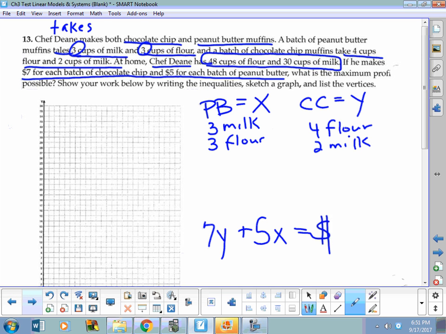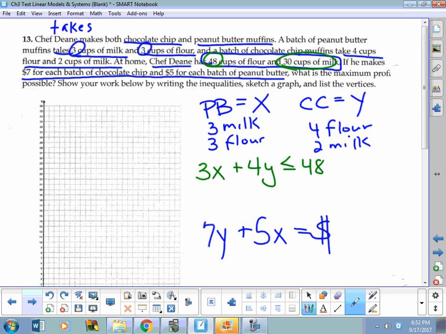So how are we going to handle this milk and flour thing? Well, one thing we haven't put into an equation yet is this part here, right? So let's get to it. Cups of flour. 3 cups of flour for every X, for every peanut butter muffin. And it takes 4 cups of flour for every chocolate chip. And I cannot use more flour than 48.